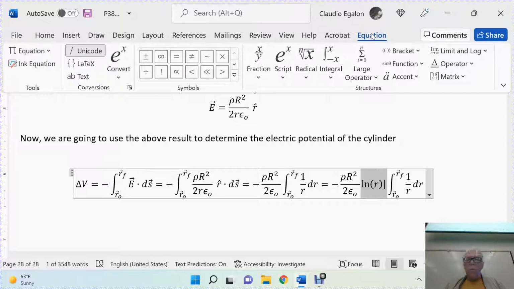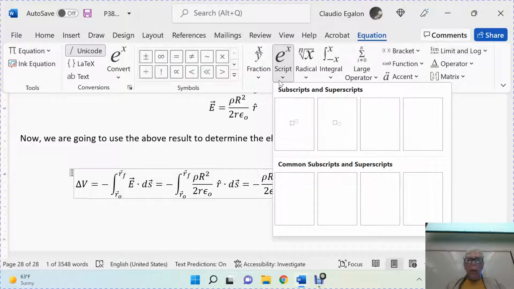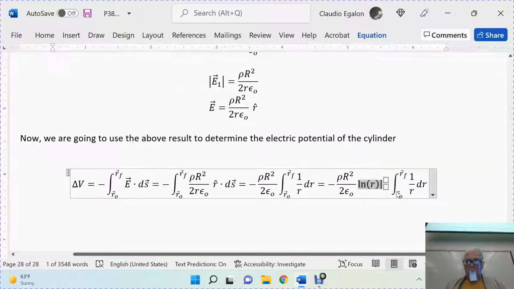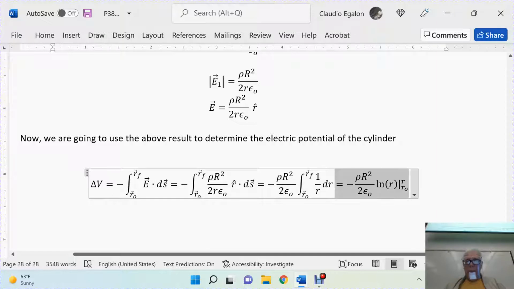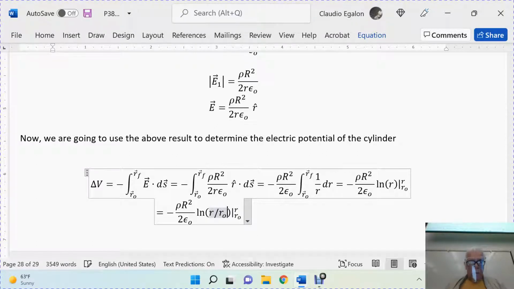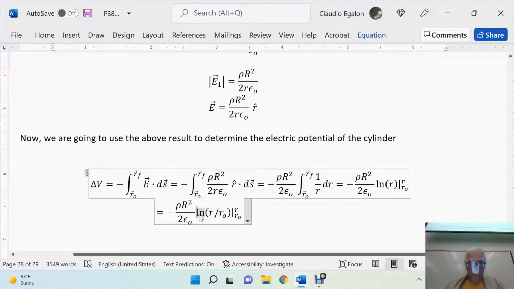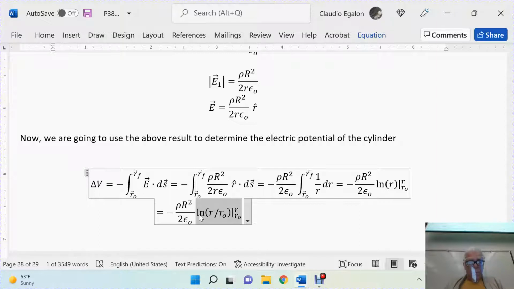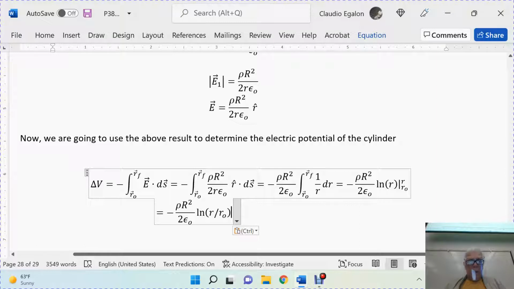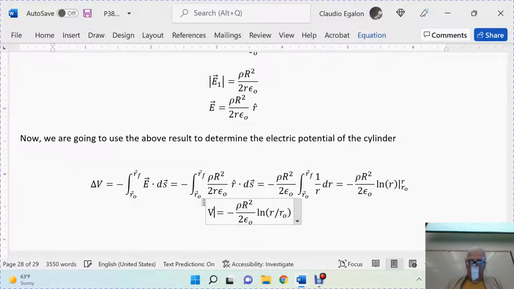That's going to be from R naught to RF. Well, instead of RF, I'm going to use R. Let's not forget that delta V is V minus V naught.